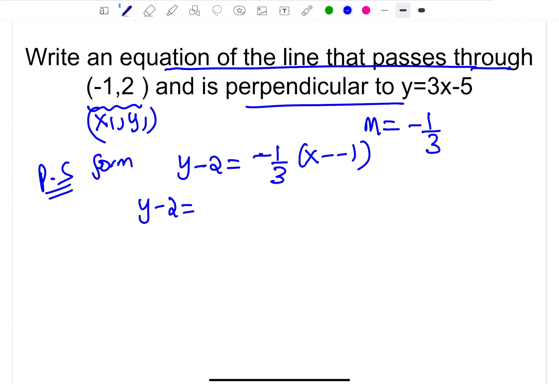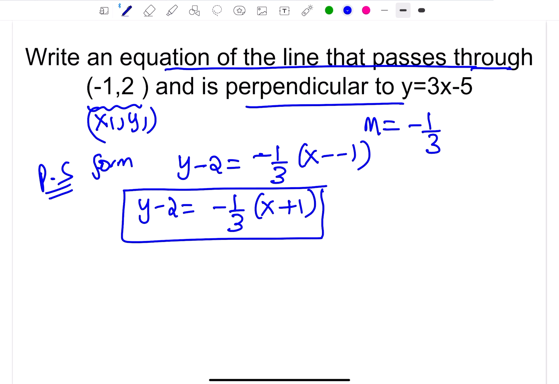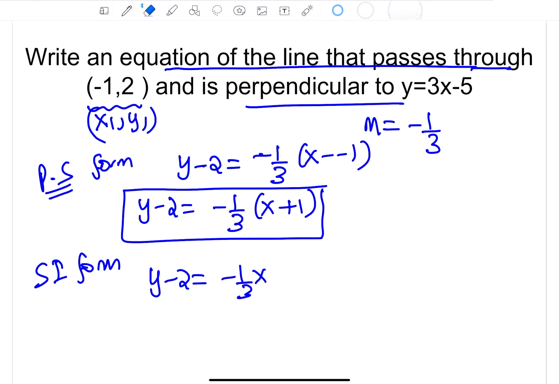If we want to simplify, in the next step we can change negative x minus minus 1 to x plus 1, because two negatives multiply to make a positive, and that's our point slope form. If we want the slope intercept form, we would distribute negative 1/3 and isolate the y: negative 1/3 x minus 1/3.